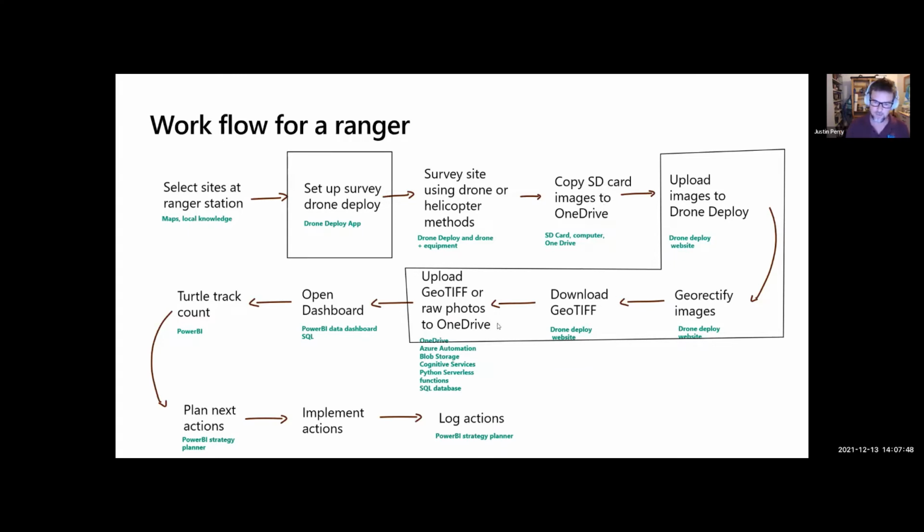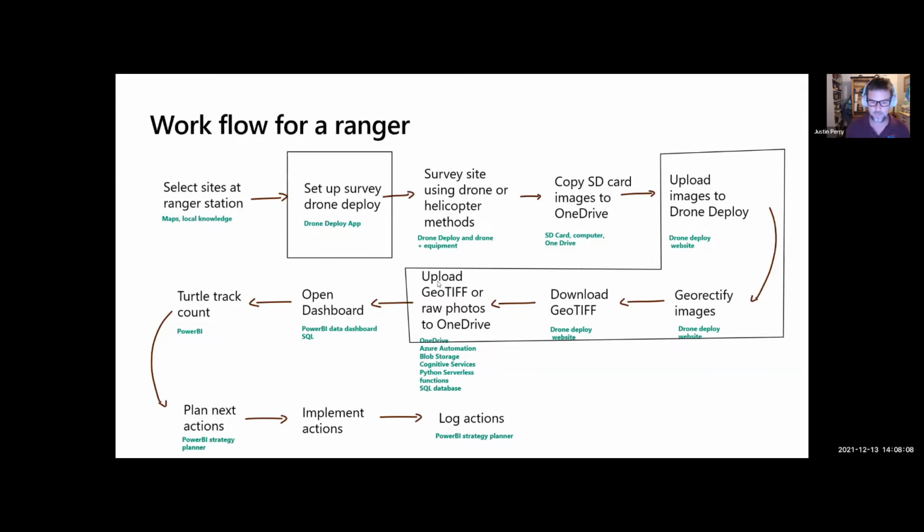That then kicks it back off to this open dashboard section, to this upload raw photos to OneDrive. And as you can see here, in the green listed below, a whole bunch of automated processes kick off in the background. And there's lots and lots of information. I could spend the whole talk talking about what happens in the back end.